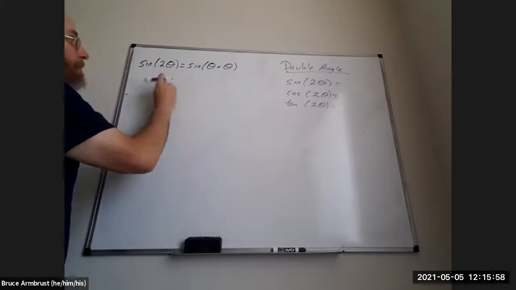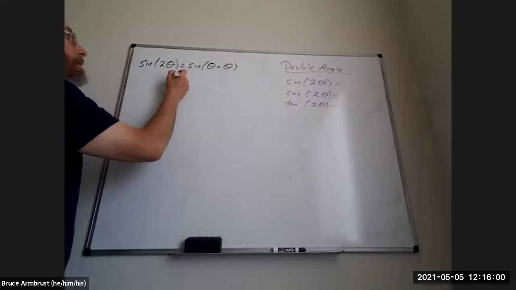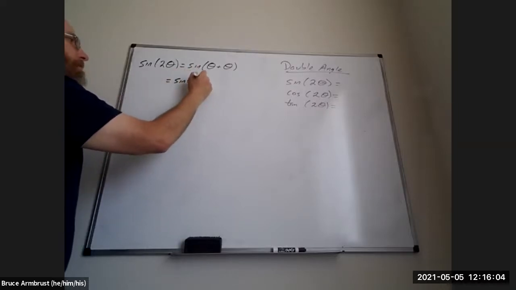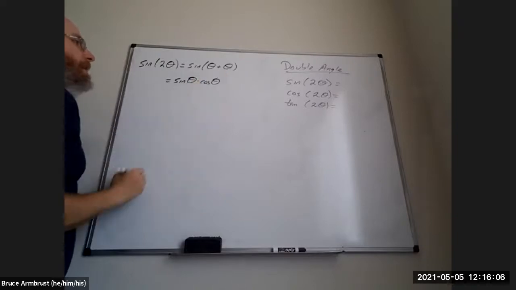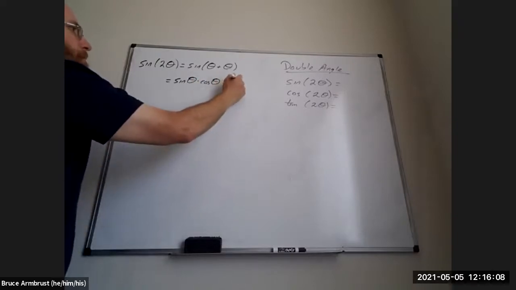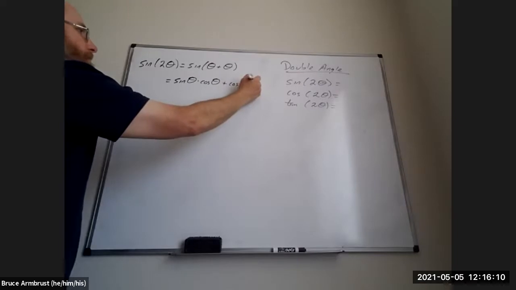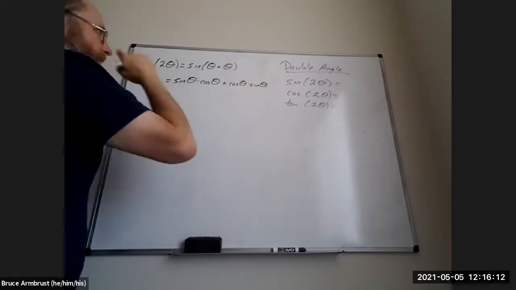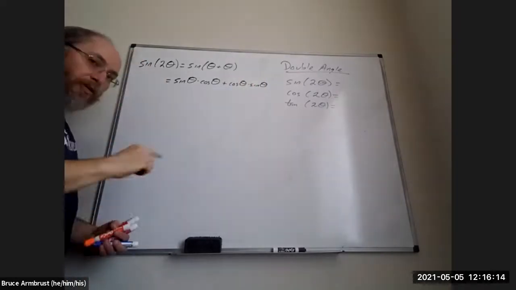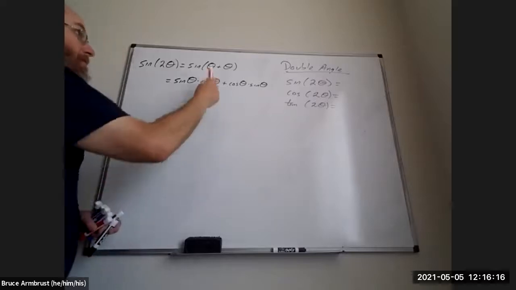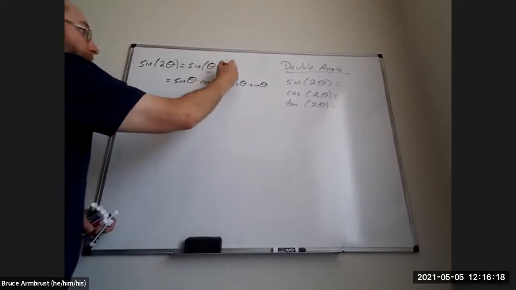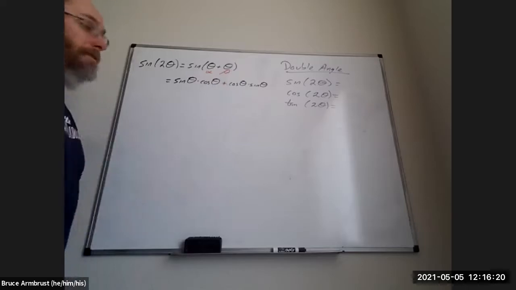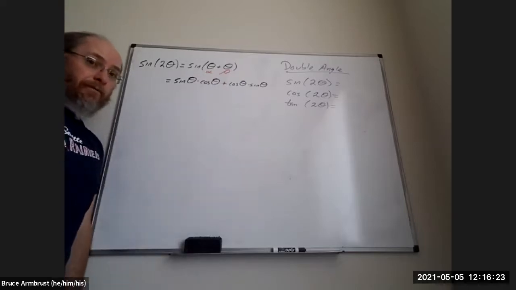So if we go back and look at what we derived just a little bit ago, this is going to equal the sine of the first one times the cosine of the second, plus the cosine of the first times the sine of the second. So when you go back to that formula, just realize that both alpha and beta are the same angle.